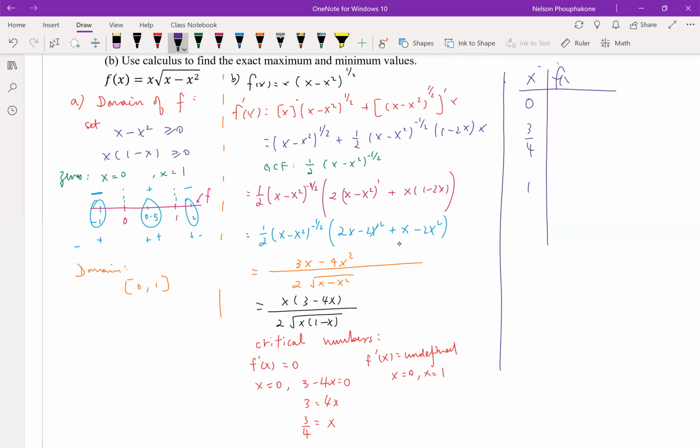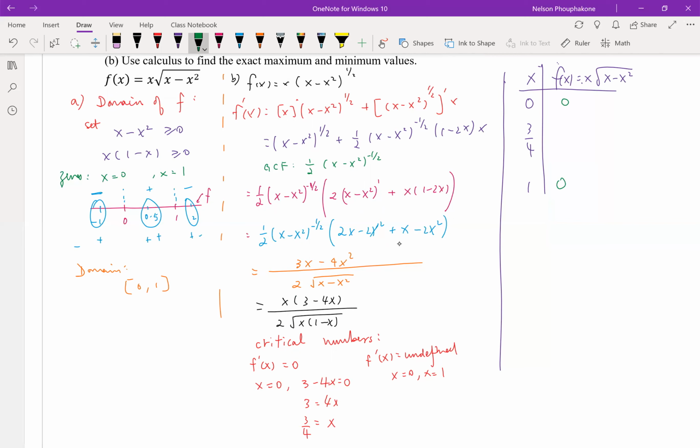Then I have f of x equal to x times the square root of x minus x squared. We know that f of 0 is equal to 0, and f of 1 is equal to 0.